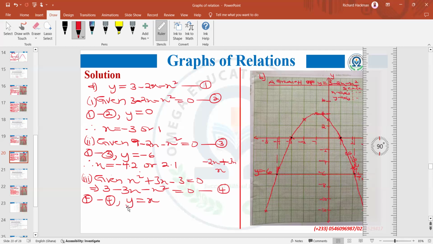Which will give us y. Then you come to this side, which is the same as this side, so it will be 3 minus 3, and that gives you 0. Then minus 2x and minus 3x, because you subtract like terms. Only that you are subtracting this one from this. So it's minus 2x minus minus 3x.